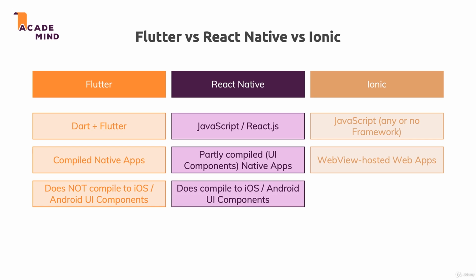So the parts of the React Native app that are compiled are in the end the user interface, and there, for example, if you render a button, it is compiled to the native iOS button for iOS and to the native Android button for Android, which means you have fewer customization possibilities because, for example, if you can't add a drop shadow to the native iOS button, you can't add it to the React Native button because that's compiled to the iOS button. For Flutter, since it controls every pixel on its own, you can style it in whichever way you want, or Flutter lets you at least, because the native button restrictions don't matter to Flutter.